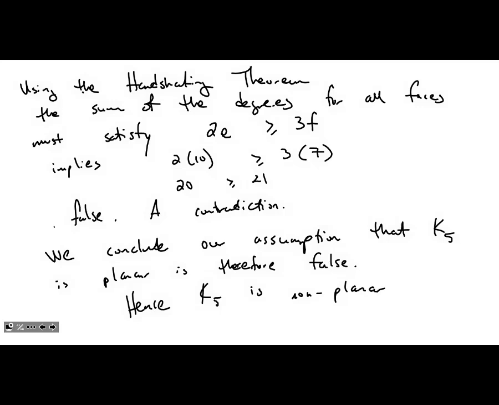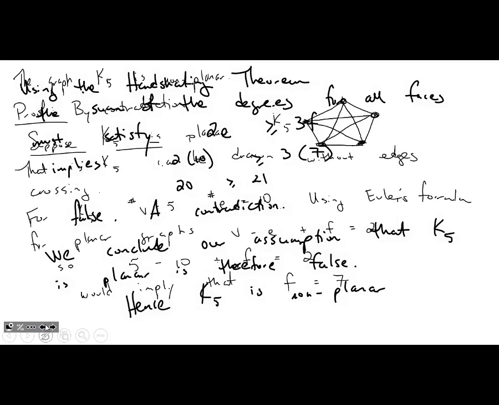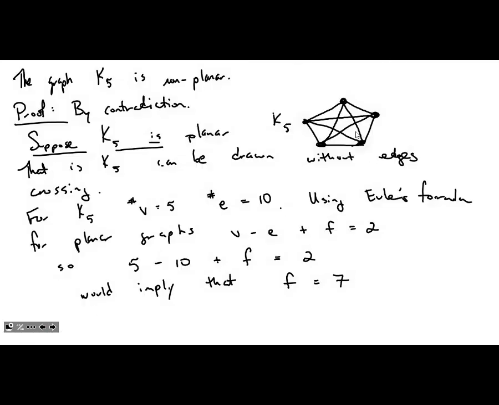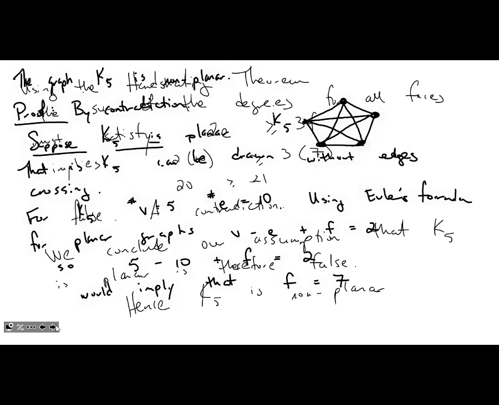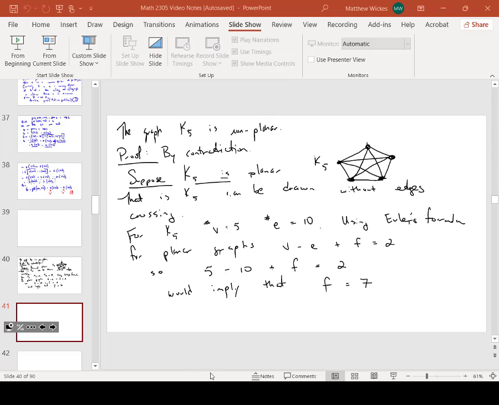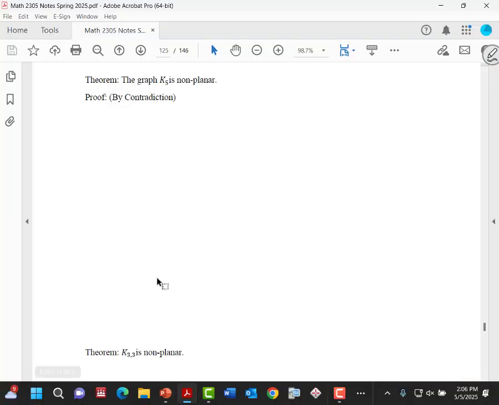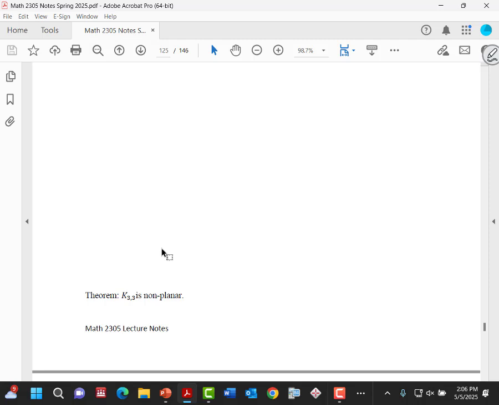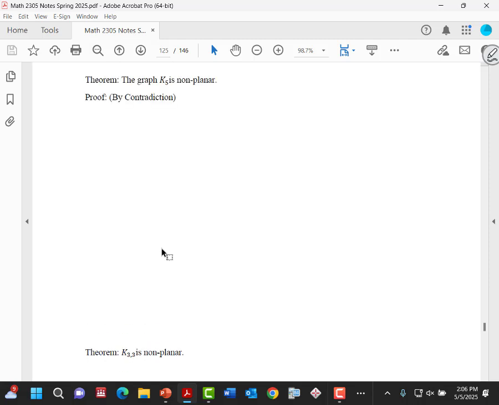What does that mean? That means I cannot draw this graph, K5, in such a way that no two edges cross each other. So this graph, K5, is non-planar. And there we have it.